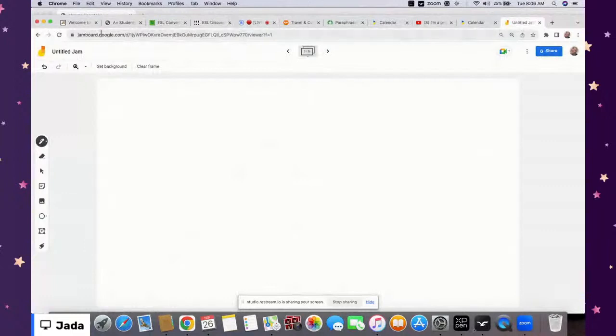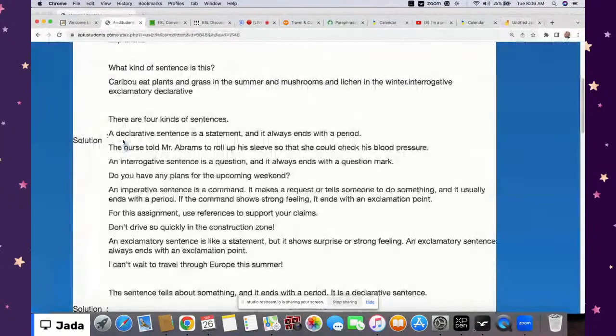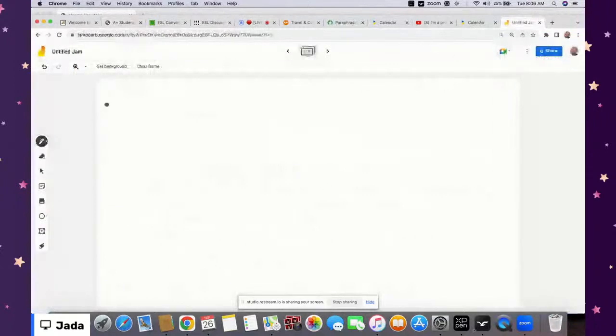So first off, we have declarative, interrogative, imperative. So let's make some sentences. Declarative. So it's just statements. Ends with periods.